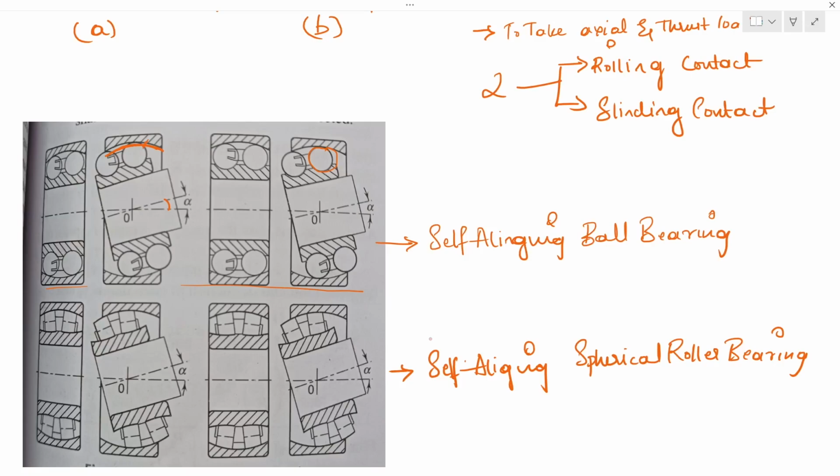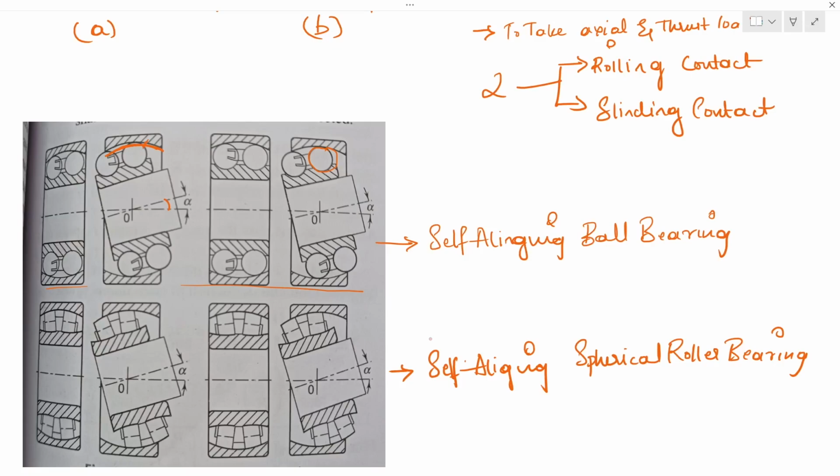Similarly, the self-aligning ball bearing uses a point contact, so it takes much less load when compared to self-aligning spherical roller bearings. Self-aligning spherical roller bearings take much higher radial as well as thrust load.